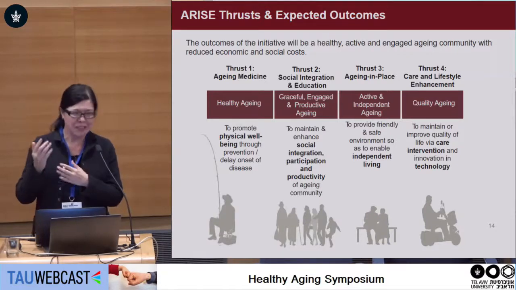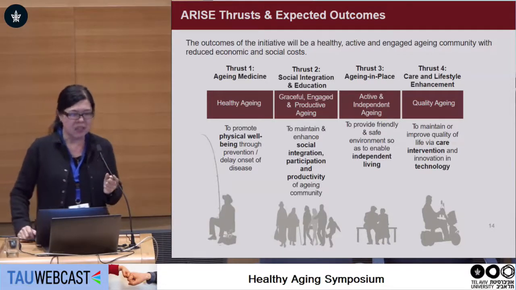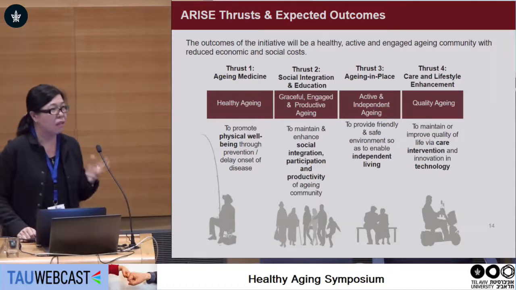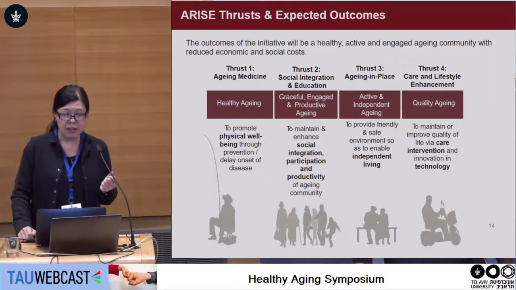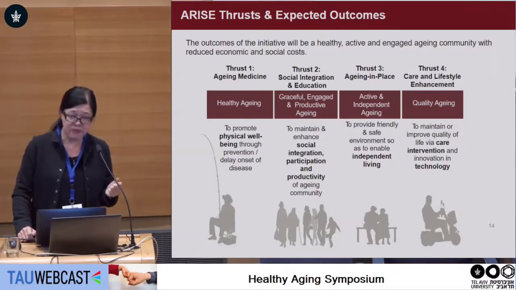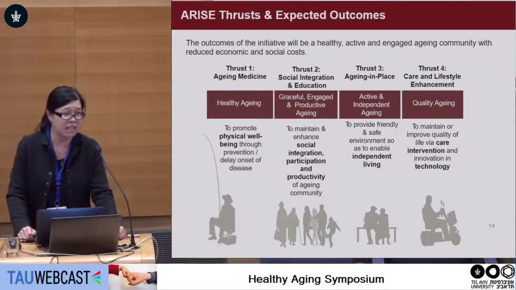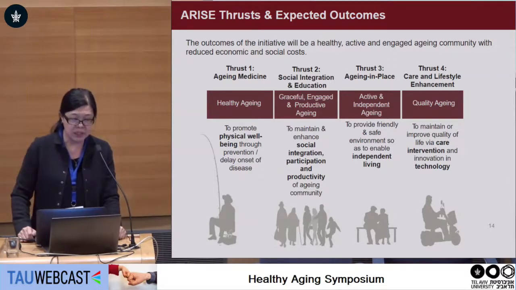Thrust 1, aging medicine, healthy aging, is to promote physical well-being through prevention and delay onset of disease. Thrust 2, graceful, engaged, and productive aging, is to maintain and enhance social integration, participation, and productivity.